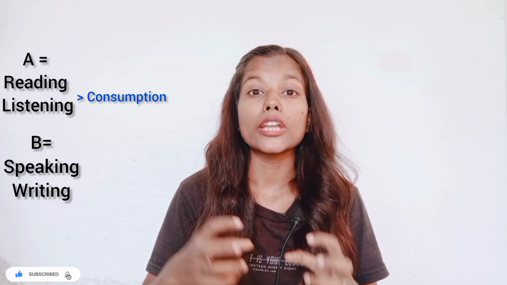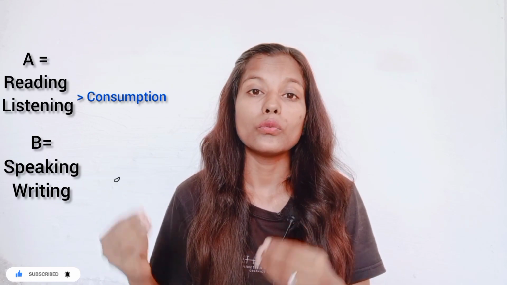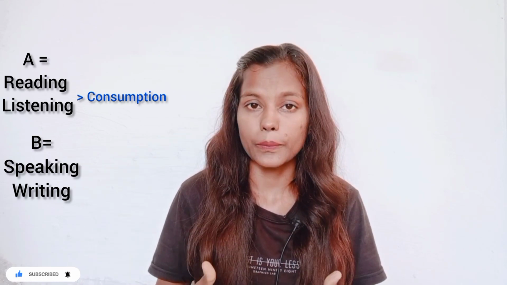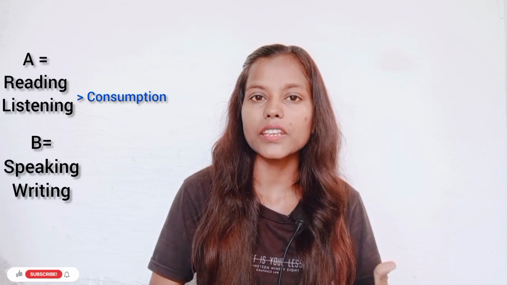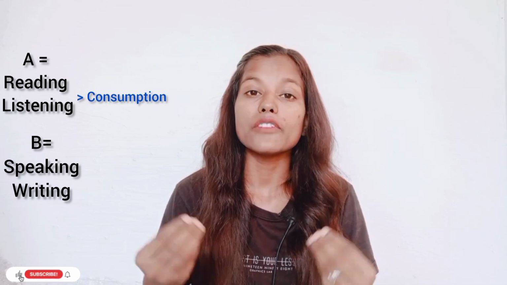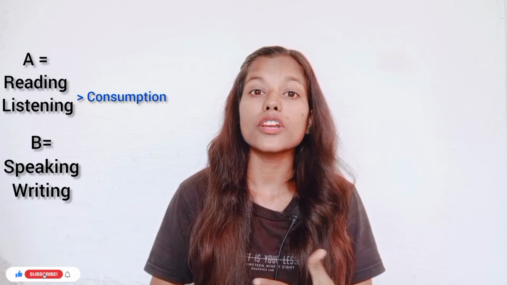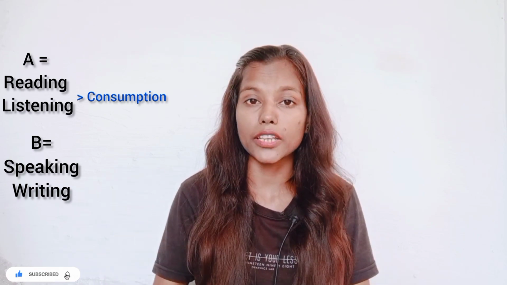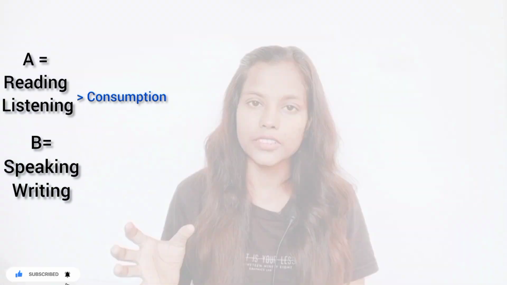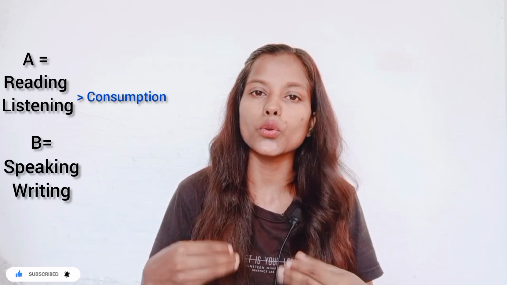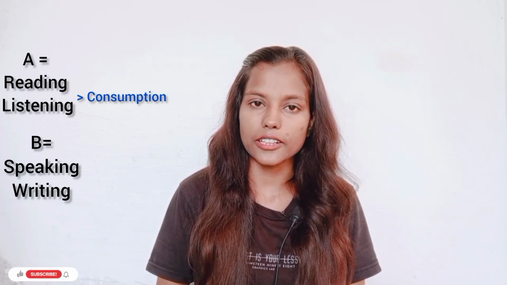And when it's about team B, when we speak something and we write something, our mind immediately gets alert about what we are supposed to do in order to speak, in order to express ourselves: how to frame sentences, what to say to explain ourselves.